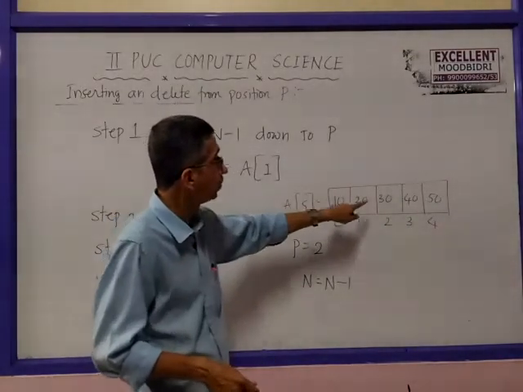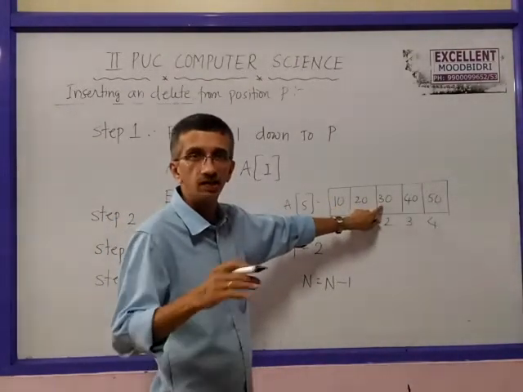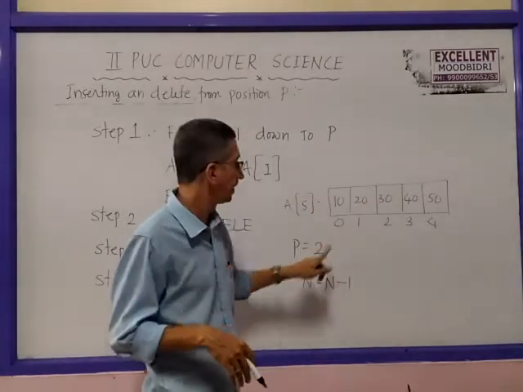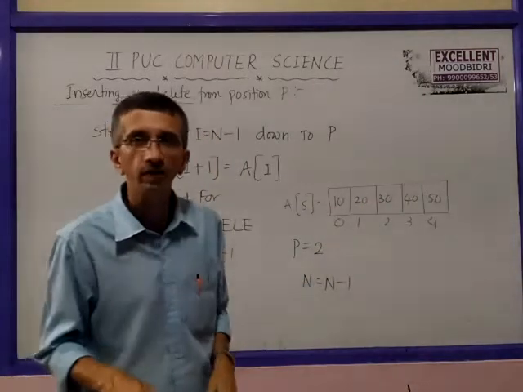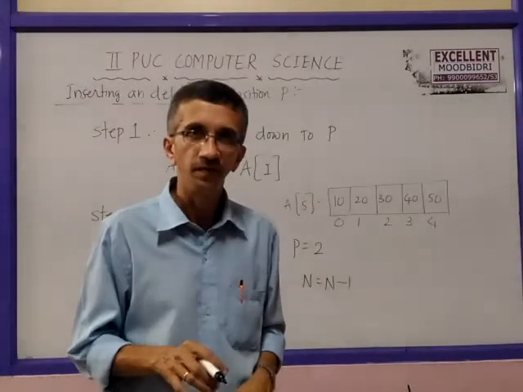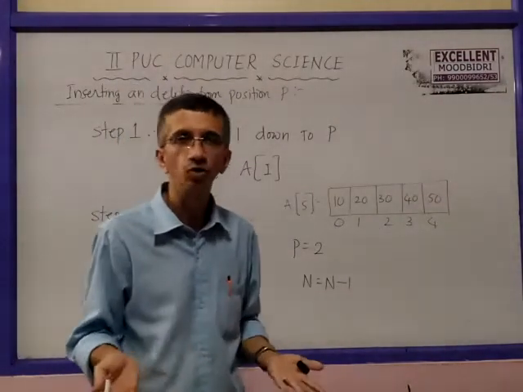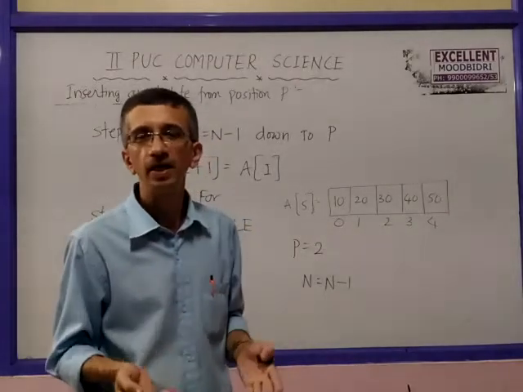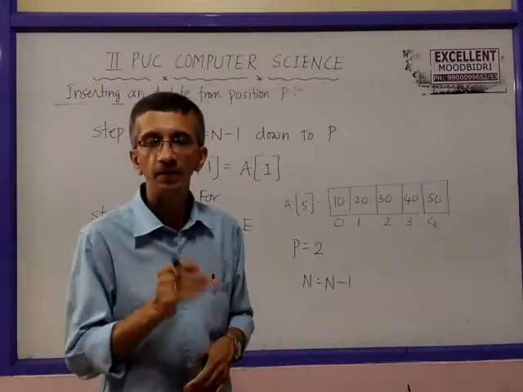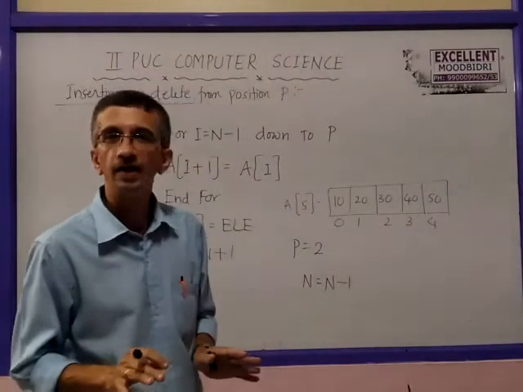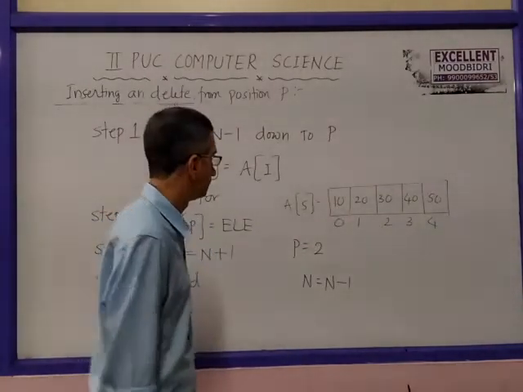But before you do this shifting operation, we can store the value at the given position so that we can display it if required, because after the shifting operation the value is not available. So in case you have to display which is the item deleted from that position, we store it in a given variable.